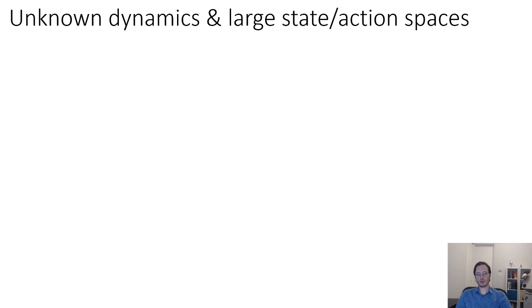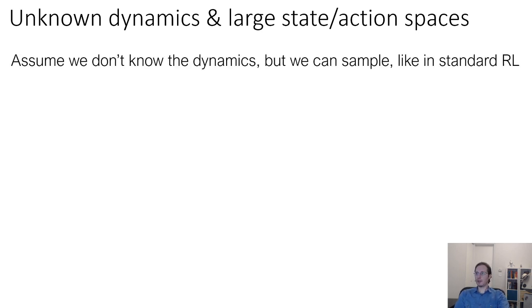All right, so what can we do in order to make it possible to carry out inverse reinforcement learning with unknown dynamics and large state or action spaces? Well, first we'll assume that we don't know the dynamics, but that we can sample, like in standard model free reinforcement learning. Recall that the gradient of the likelihood is the difference of two expected values.